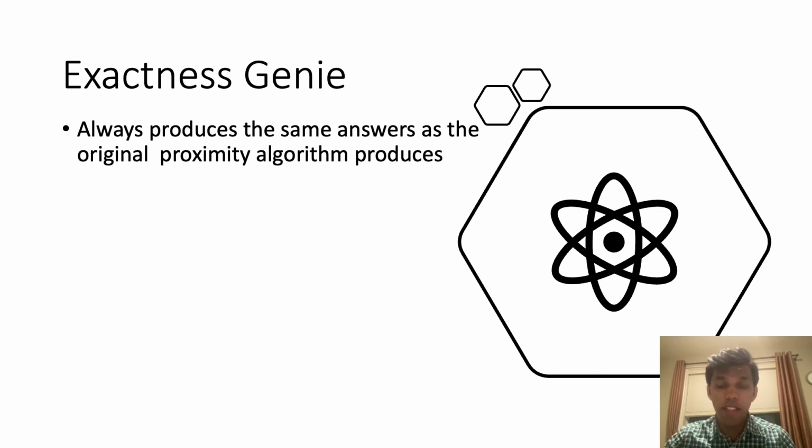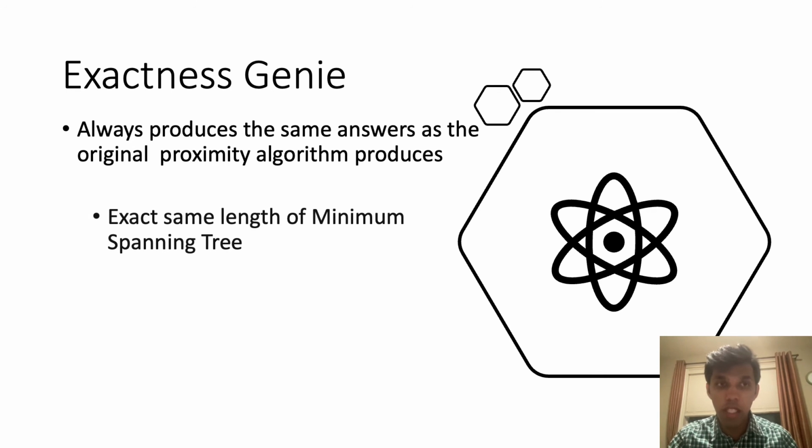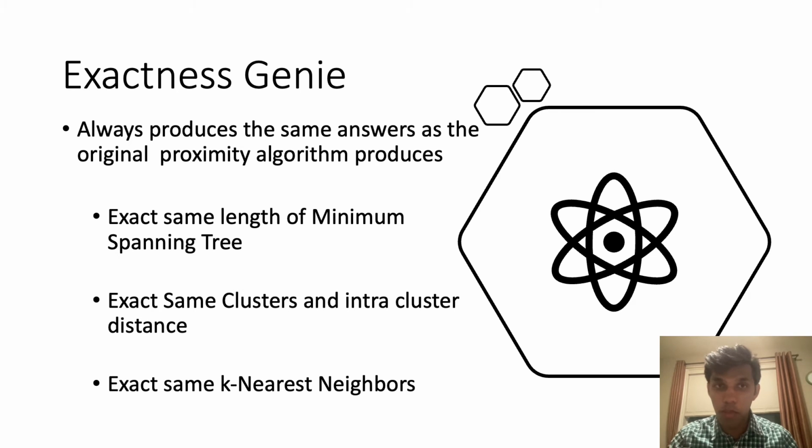Well, hey, here's the exactness genie, which says even if you replace the actual distance computation with the upper and the lower bound computation, the answers that you obtain from all these algorithms will be exactly the same as the answers produced by the algorithms without the upper and lower bound computations, by which I mean the exact same length of the minimum spanning tree, the exact same clusters and intra-cluster distances in clustering, and the exact same k nearest neighbors.